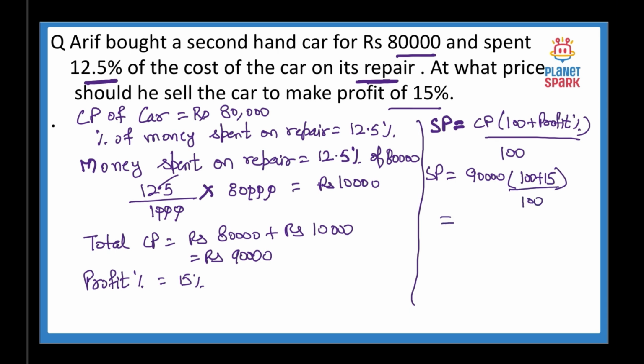Again, when I simplify, I'll get selling price is equal to 90,000 over 100. I can cancel the zeros. I would be left with 900 into 115. And 900 into 115 will give us 1,03,500 rupees. So the selling price of the second-hand car should be 1,03,500 rupees.